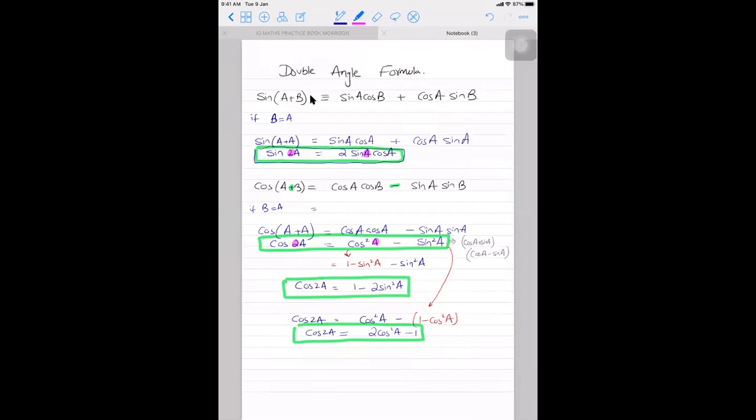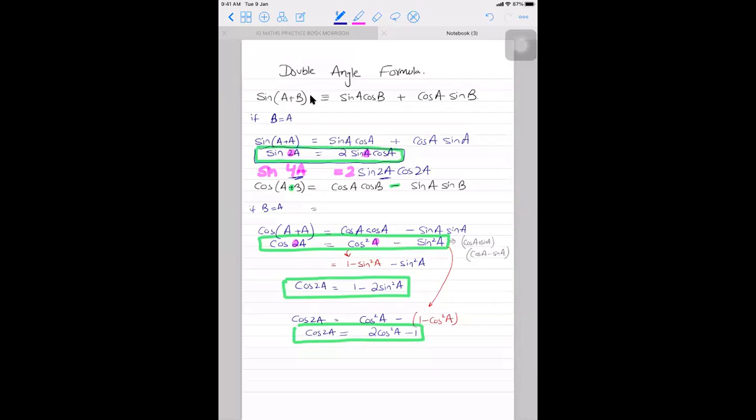If this angle would be 4a, then over here you write 2a. So sine of 4a would have been equal to 2 sine 2a times cos 2a.